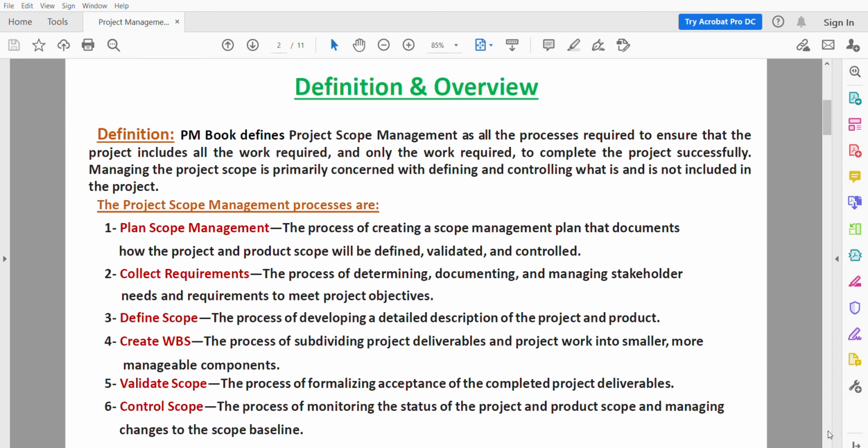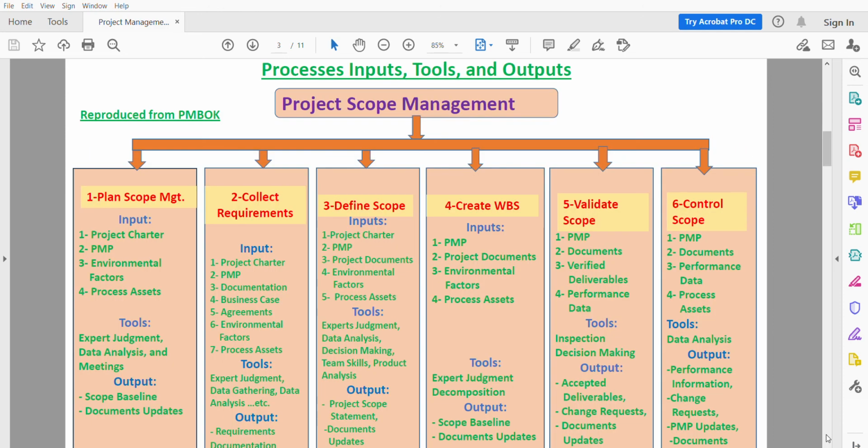We are going to go into detail on each one of these processes. This diagram gives an overview of these processes and the inputs, tools, and outputs of each one of them. But before that, let us talk about some main concepts.